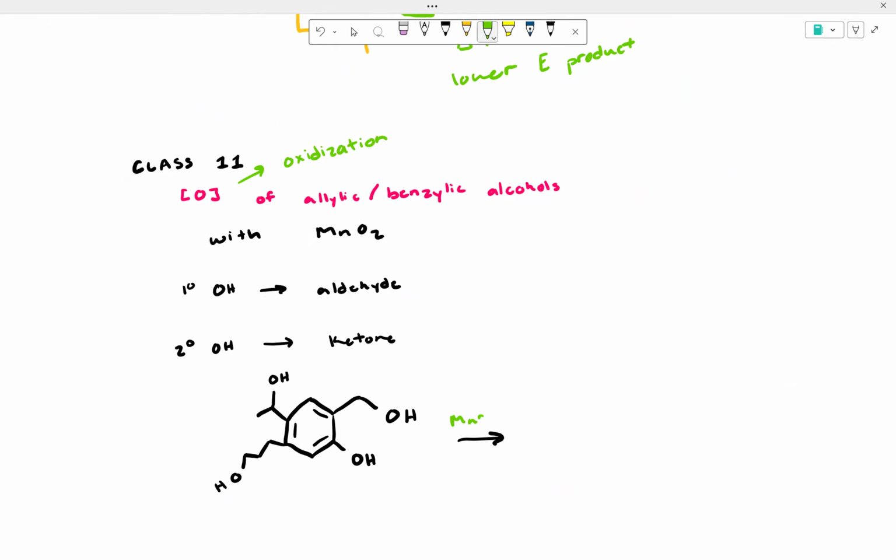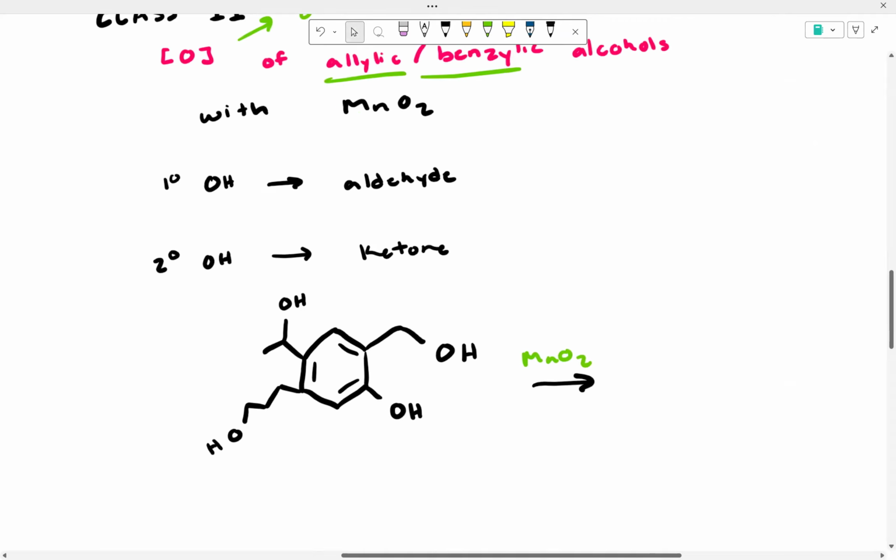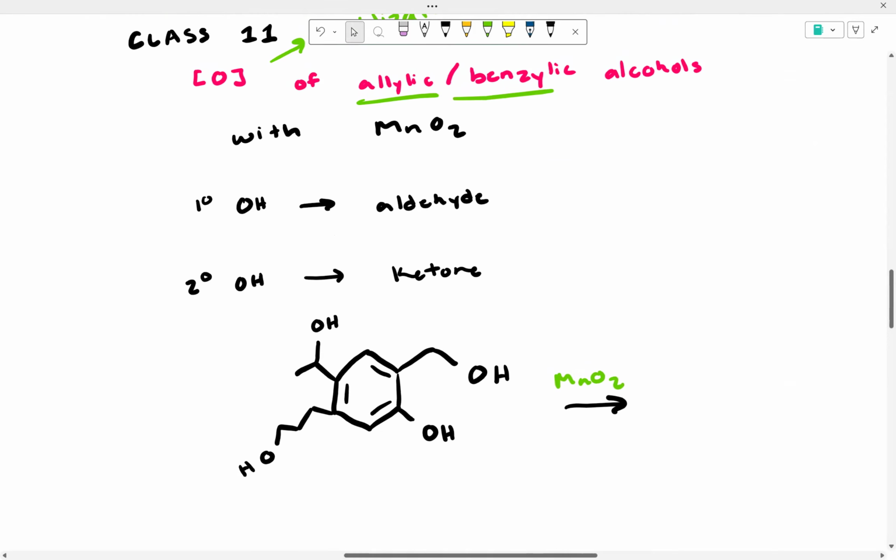Manganese oxide only works on allylic or benzylic alcohols. So we should locate all the allylic and benzylic alcohols in our molecule.